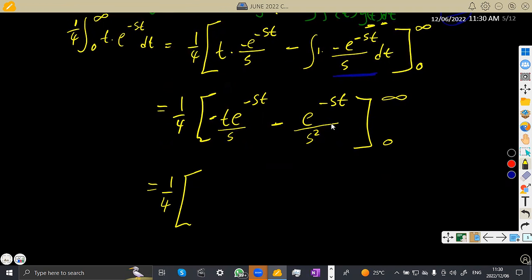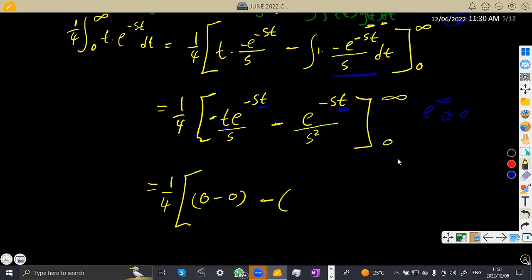If we substitute the infinity in place of t, e to the exponent of minus infinity approaches 0. So here we are going to have a 0. If we substitute the infinity, it's going to be a 0 minus a 0 there. All right, so that is for infinity.